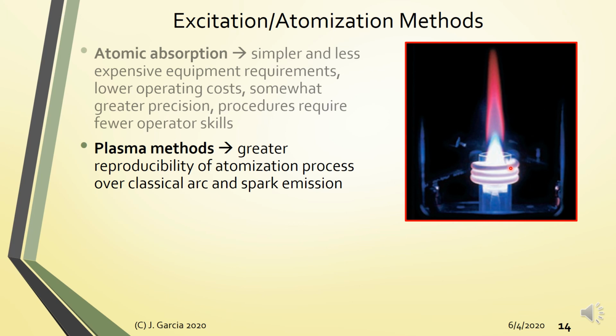So remember, a plasma is an ionized gas, and the temperatures in a plasma can reach up to 10,000 degrees centigrade. So very high temperature, and this temperature is, of course, very much enough to excite your analyte atoms. Okay, so emission technique is the basis of plasma methods.